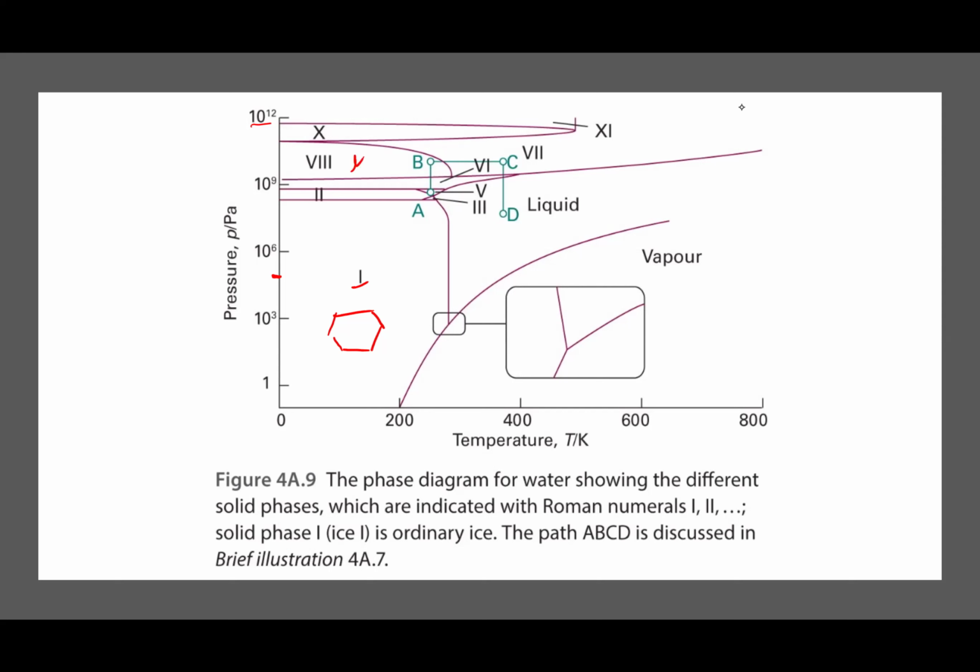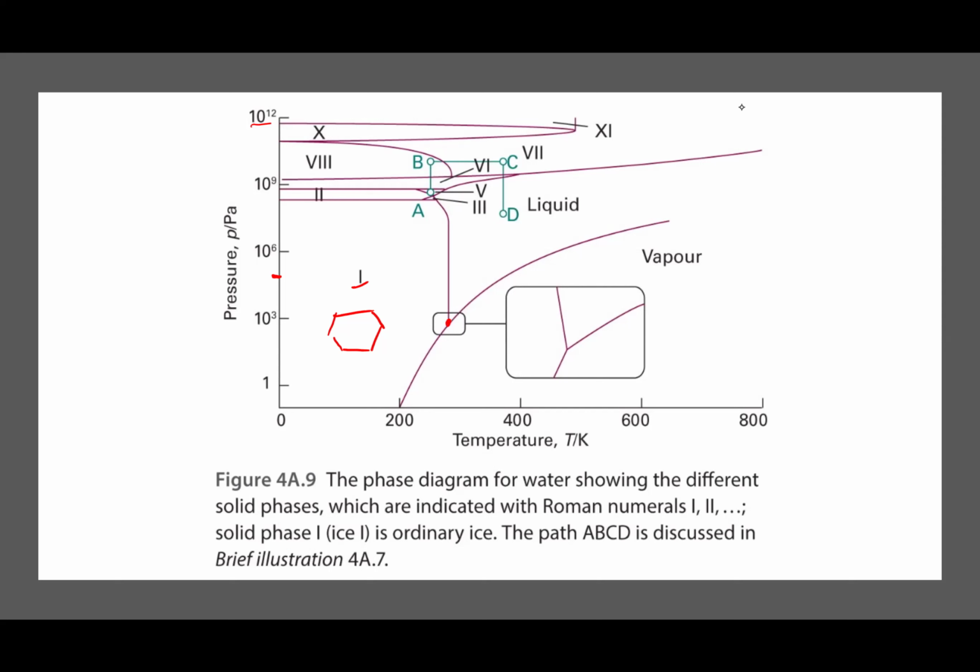All of these have their different values of mu. Depending on which value of mu is the lowest at any given pressure or temperature, that's the phase that becomes dominant, or the phase that this component will change into. So if we look here, there's a very interesting triple point on water.